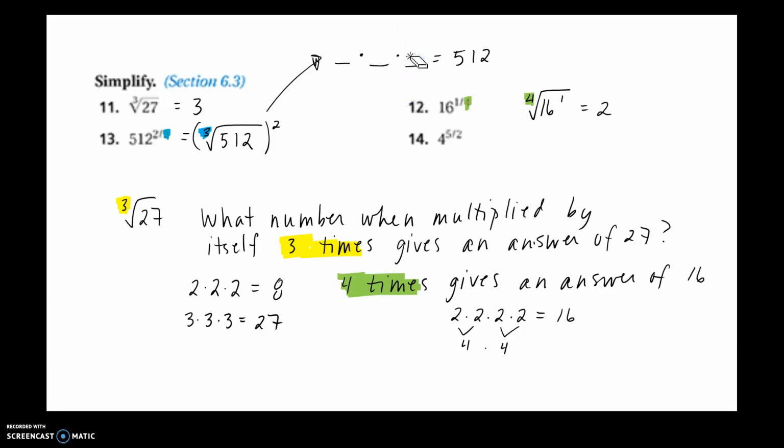I'm not even going to check 5 because 512 doesn't end in a 5 or a 0. So 6, 6, 6. 6 times 6 is 36. 36 times 6. Well, 3 times 6 would give me 180 plus another 36. So that would give me 216.